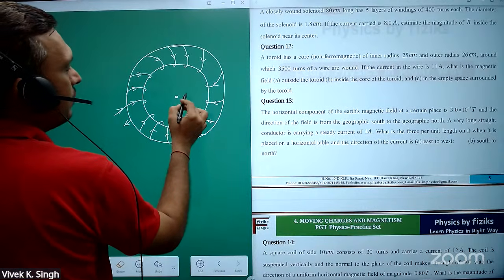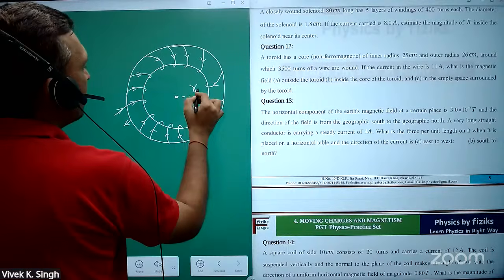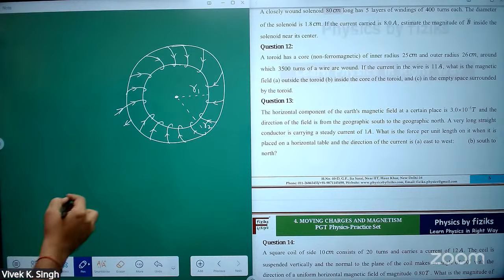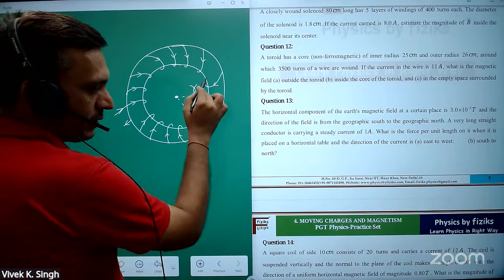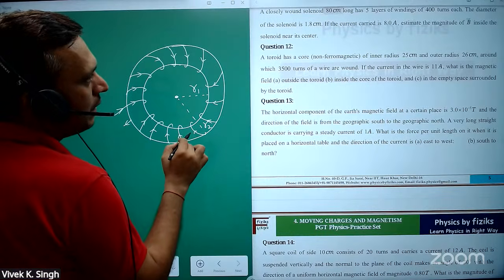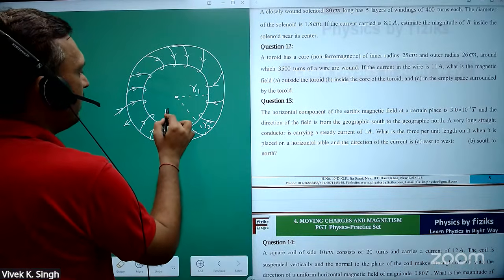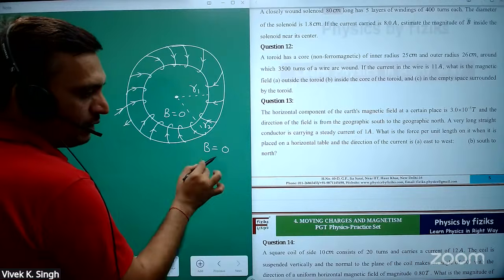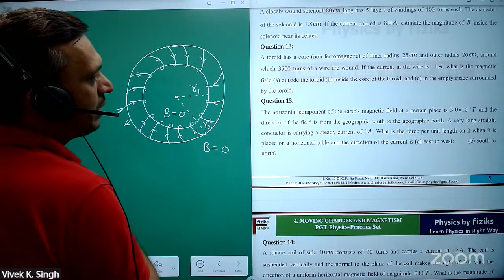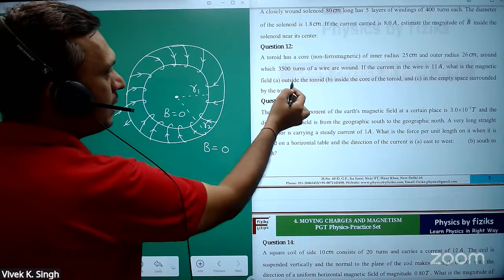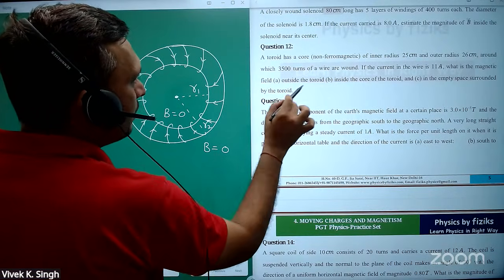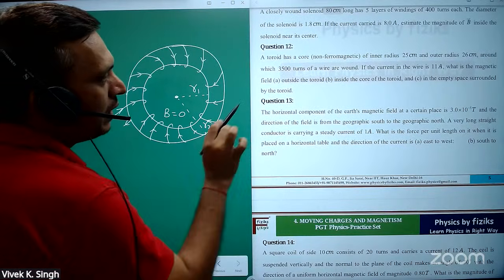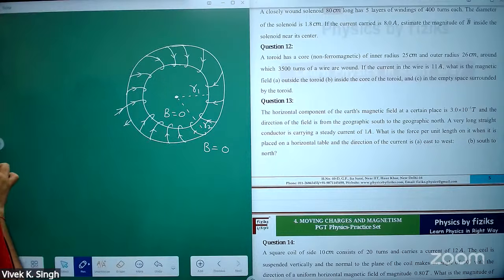And this is R1 and this is R2. So we have to take the average radius. And in ideal situation, here field will be 0, here field will be 0. In these two regions, field will be 0, due to the toroidal symmetry. So A part, outside the toroid, field is 0. C part, in the empty free space surrounded by the toroid, field is 0. Inside the core of the toroid, what will be magnetic field?